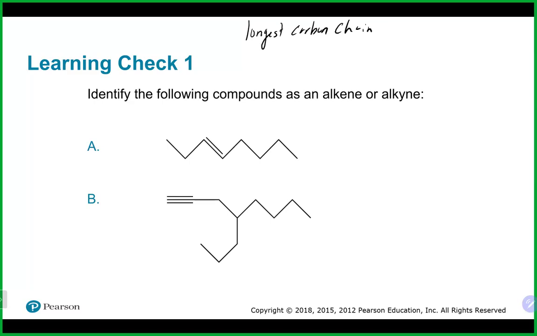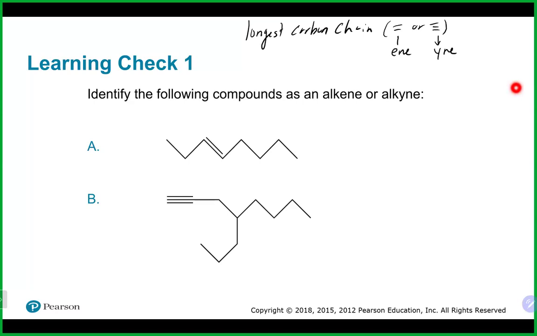So you can't go around the double bond or triple bond. The longest carbon chain does need to have the double bond or triple bond in it. That's going to give you the base of your name, except obviously you're going to adjust it as either ENE or YNE, depending on whether you have a double bond or a triple bond present.